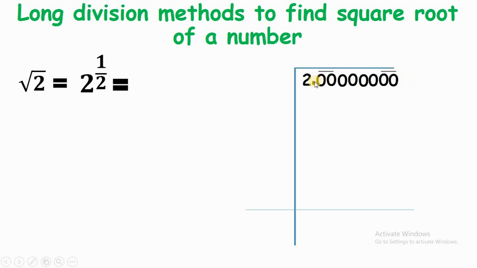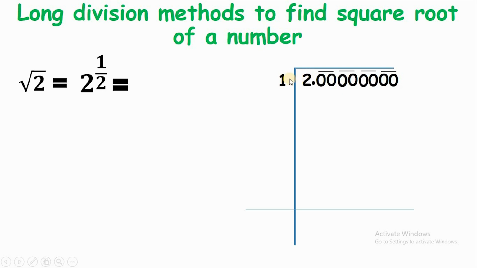And now the important thing over here is numbers after the decimal point are made in groups of pairs from left to right. So we'll make a group like this.